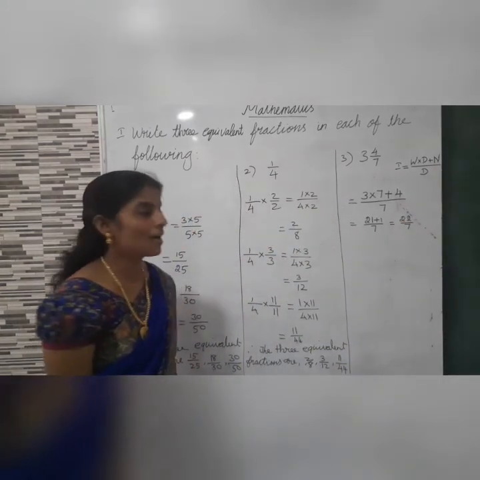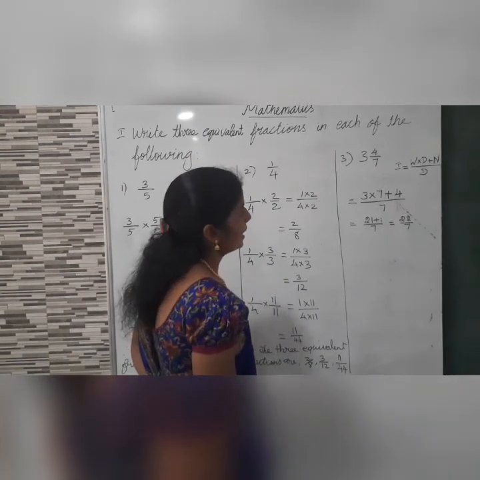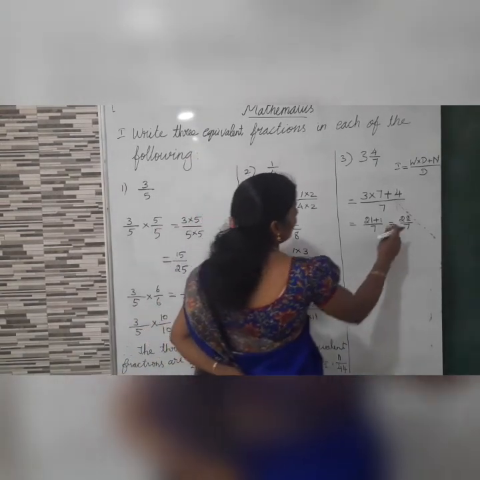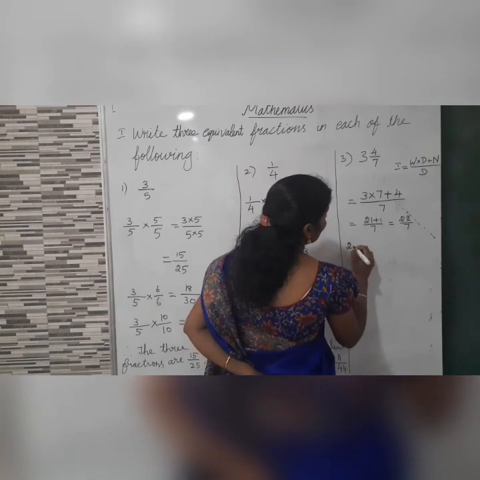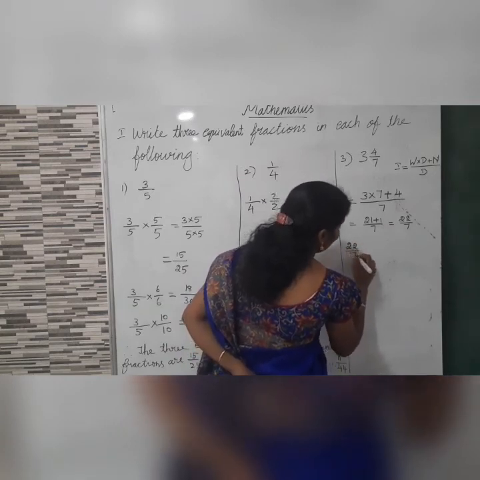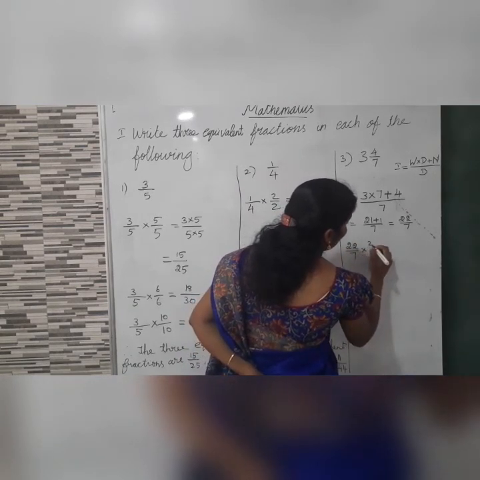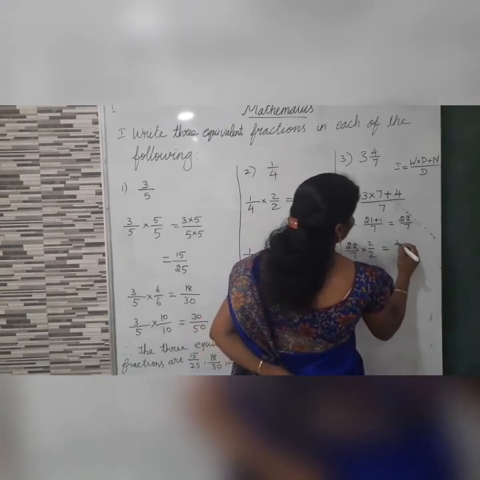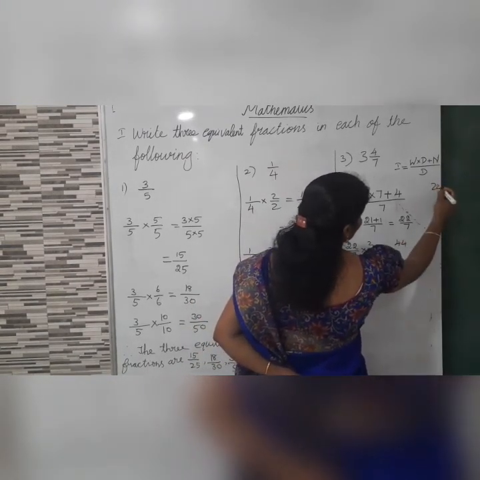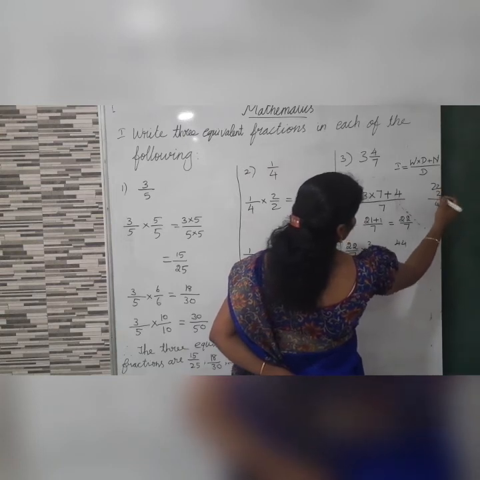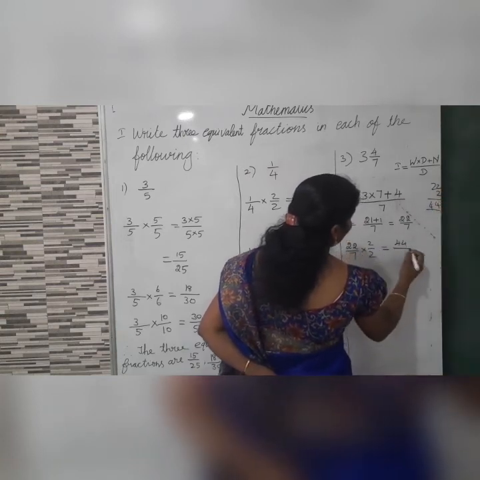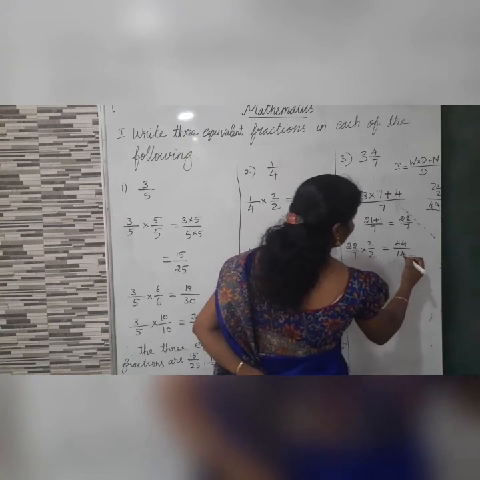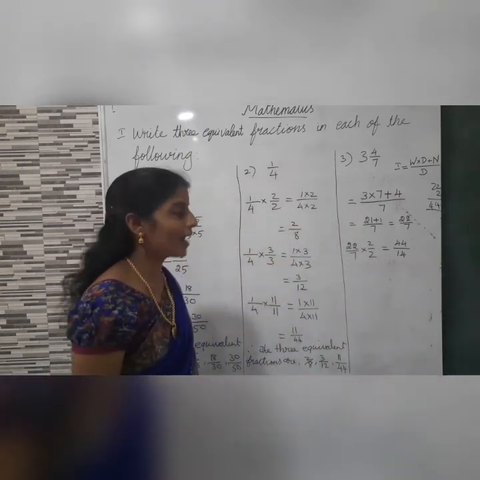Now we want to find the equivalent fraction. First one, 22 by 7 into 2 by 2 equals 22 into 2, 44. 2 2s are 4. 44 by 7 2s are 14. This is the first equivalent fraction.